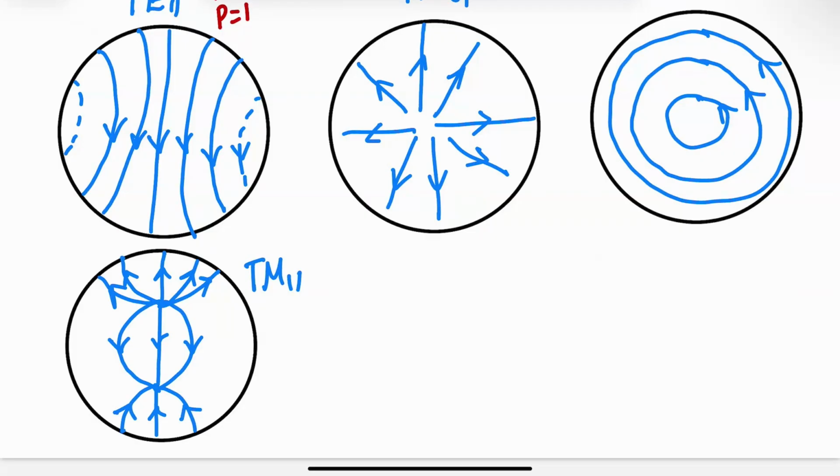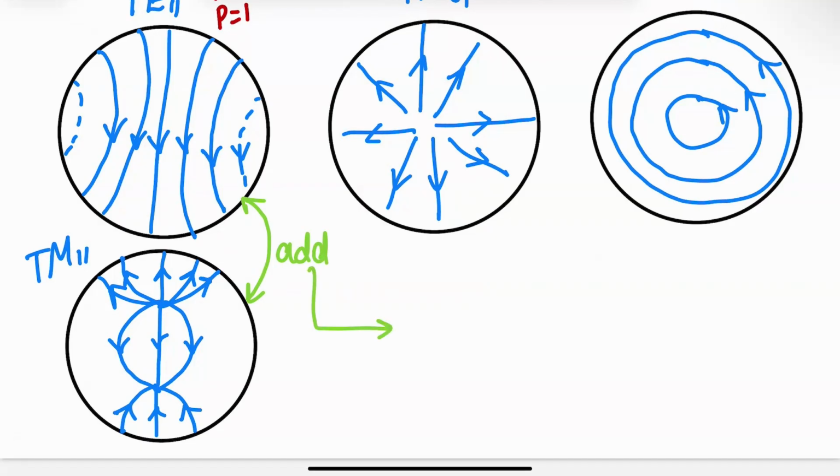Okay, so why is this mode important? Now, if I take this mode and add it with this mode, so let's say, I put this on the other side, TM11. Now, if I take these two modes and I add them, assuming I have the right amplitudes and phases or whatever, so you add them, that results in what?